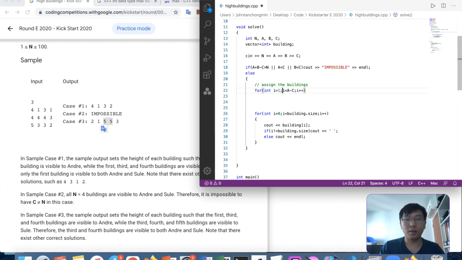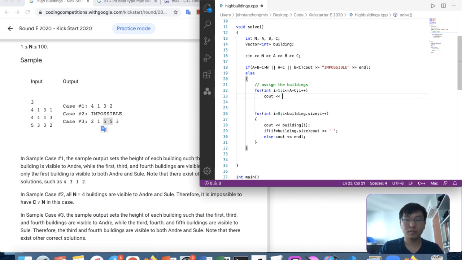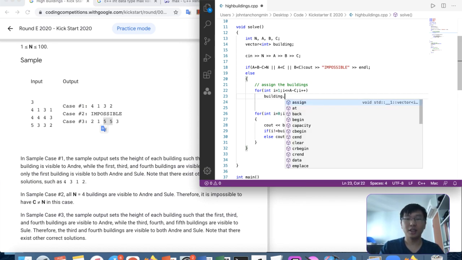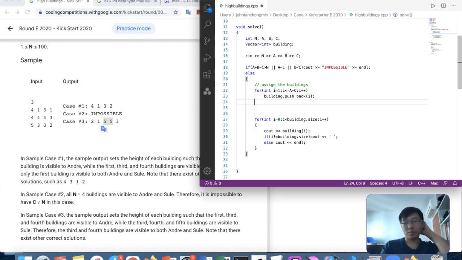Actually, we could do it like this. So for the buildings until the tallest building, we can actually print this out. I think we just do this.